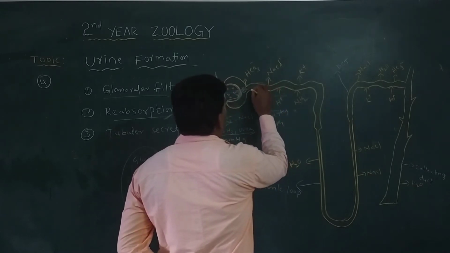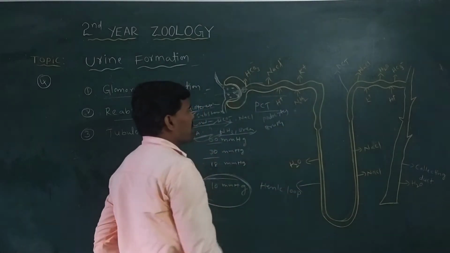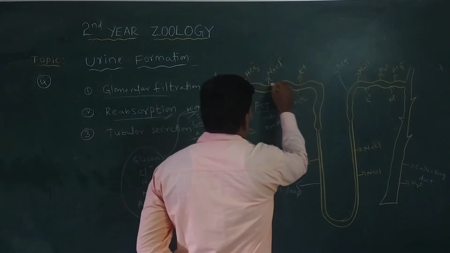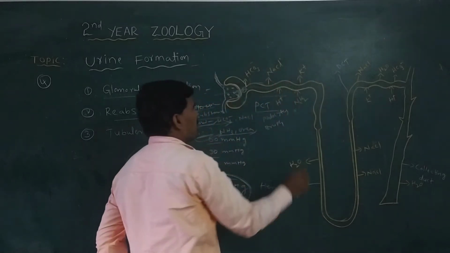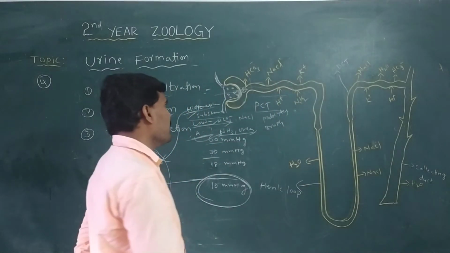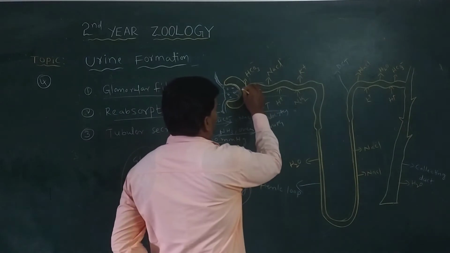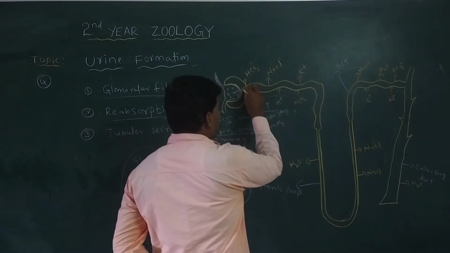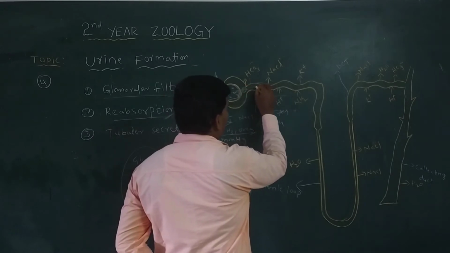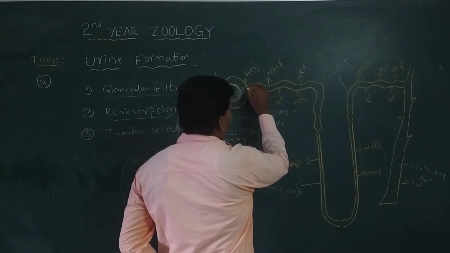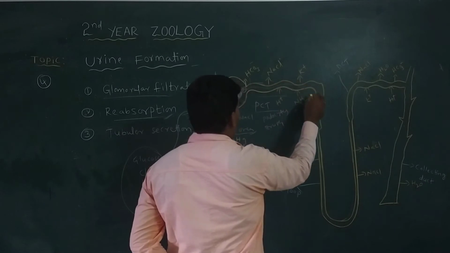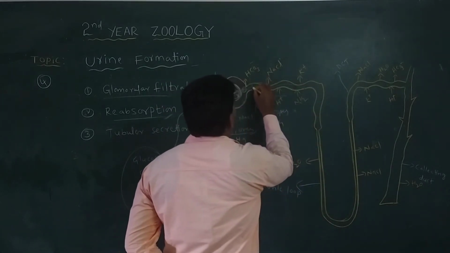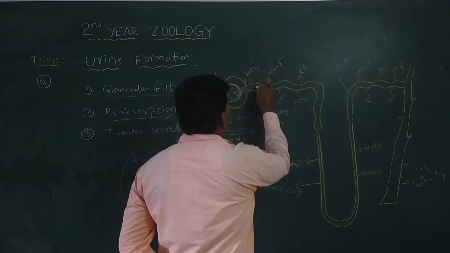In the PCT, bicarbonate ions, sodium chloride and potassium ions are reabsorbed through the PCT wall. The primary urine filtered into the Bowman's capsule enters the PCT and slowly passes through it.